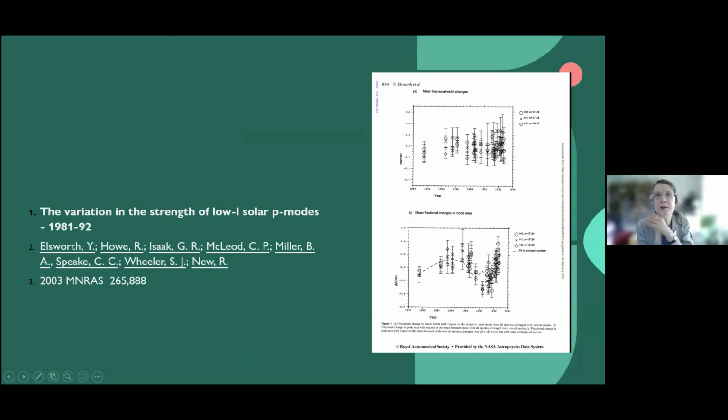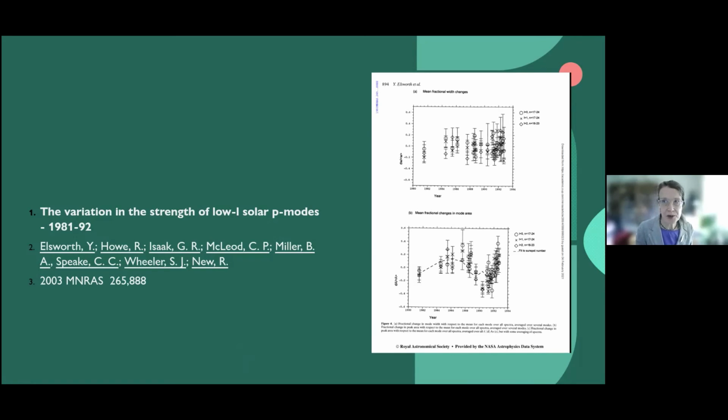Right, so that's frequencies. Now, I'm not going to go into quite so much detail about the changes in the other properties of the modes, but it is possible, as you get more measurements, to measure the amplitude of the modes and also their line width over time.